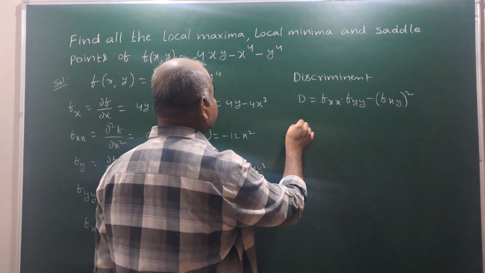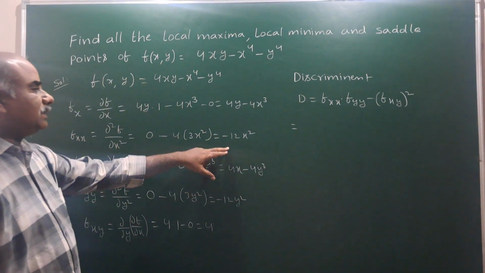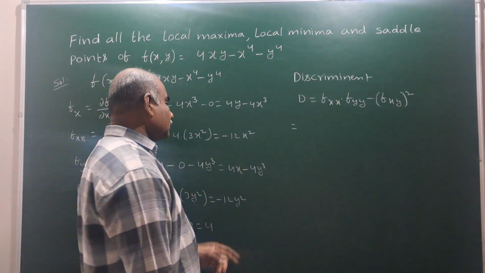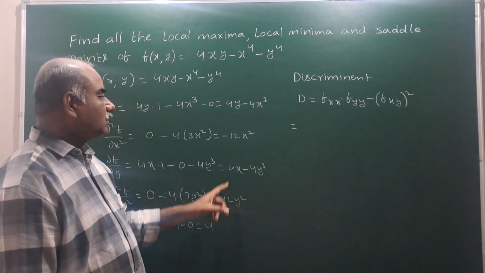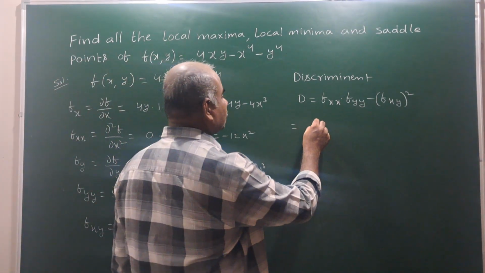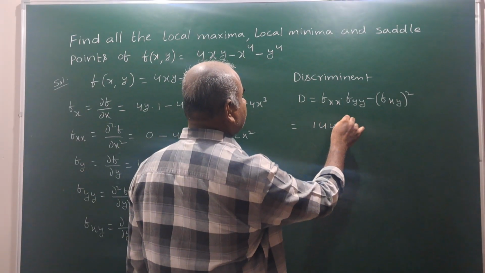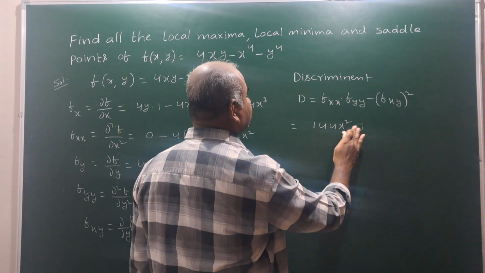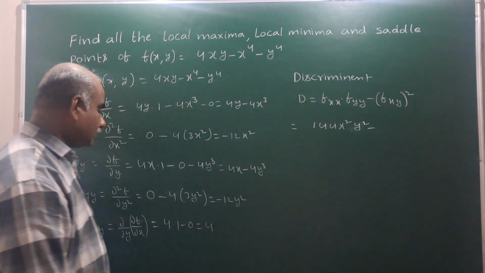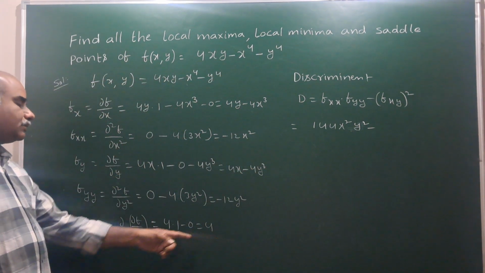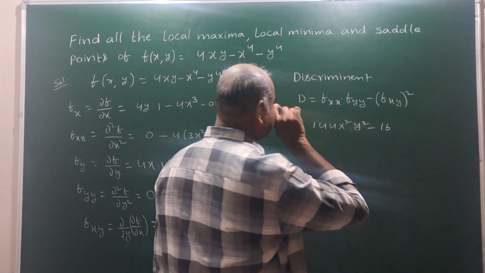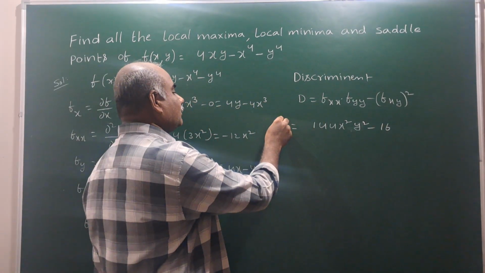So fxx means minus 12x square. fyy means minus 12y square. So minus into minus plus, 12 12 144 x square into y square. So totally this is 144 x square y square minus fxy whole square. What is fxy? It is equal to 4. So 4 square means 16. So this is the value of discriminant.